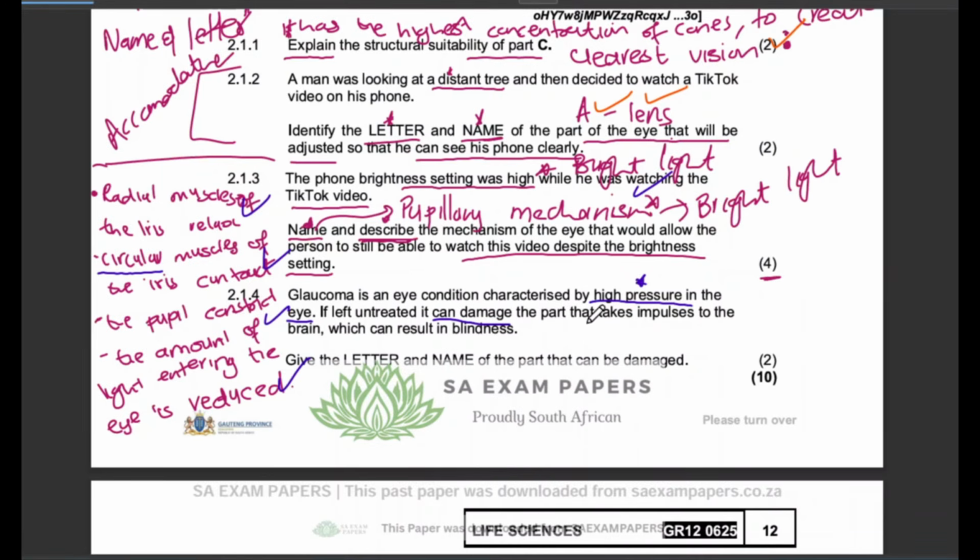This is the key part of the question, right? It can end up damaging the part that takes impulses to the brain. Now, you obviously need to know which part that is. So if the impulses are not transmitted to the brain, this means a person can obviously end up being blind. Now, the question is asking you to give the letter and the name of the part that can be damaged. Which part is this? The one that takes impulses to the brain.